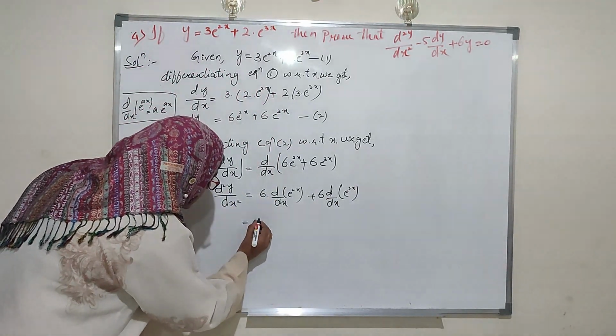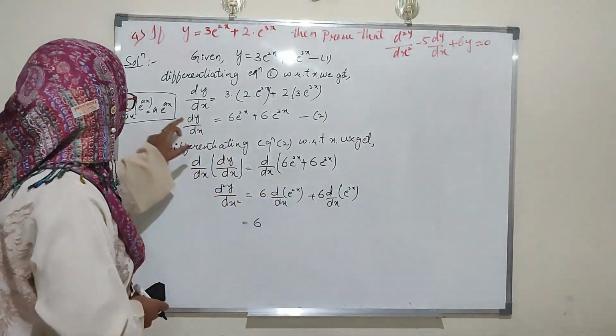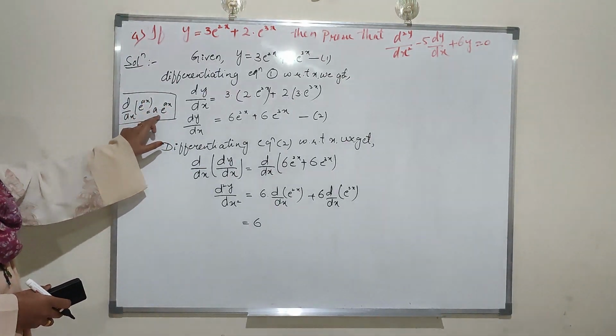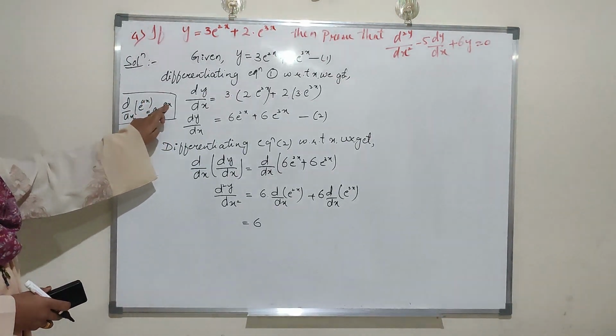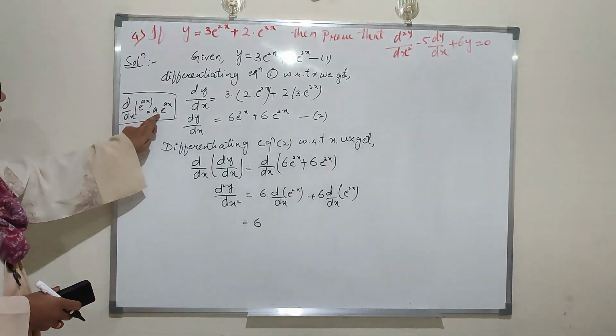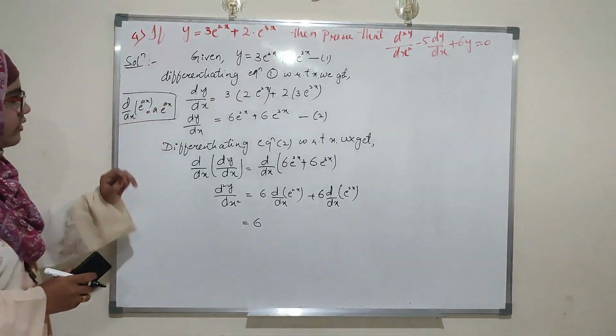Keep 6 as it is. Again, for the differentiation of the exponential term, we have e raised to a of x, and the differentiation is a multiplied by e raised to a of x.